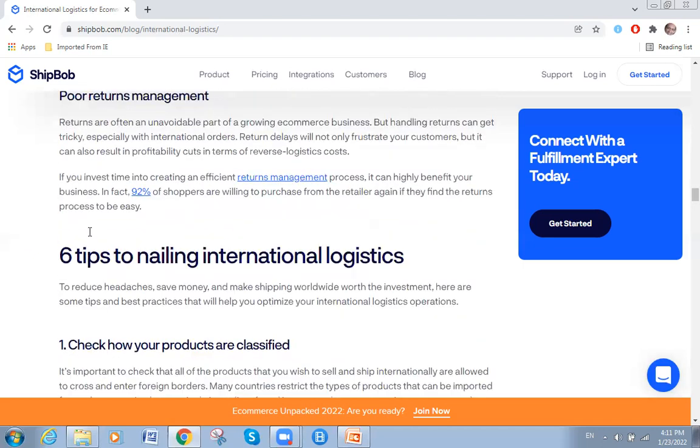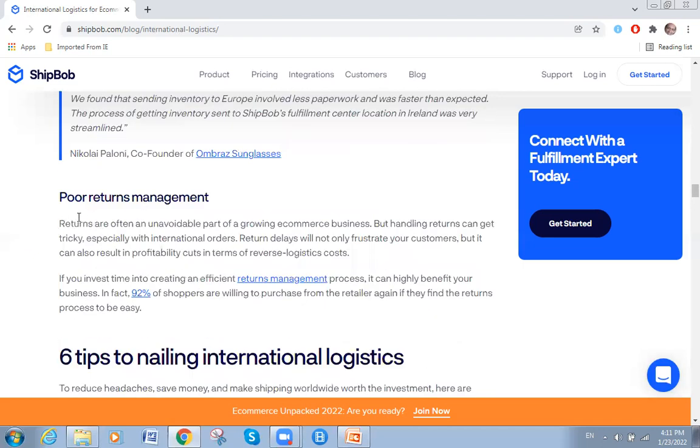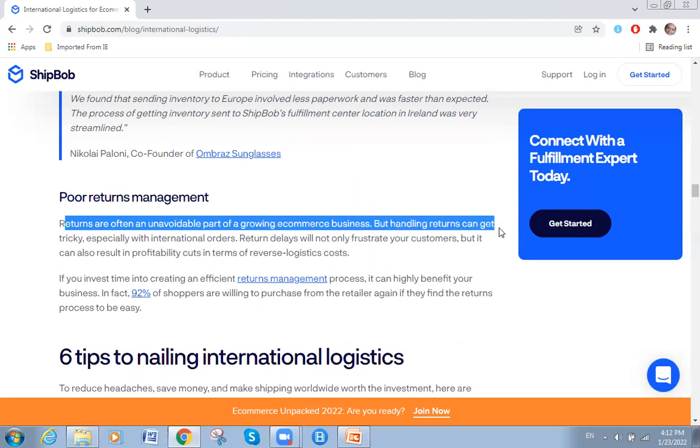Also, one of the drawbacks of global logistics is returns. Returns are often an unavoidable part of growing a commerce business, but handling returns can get tricky, especially with international orders.